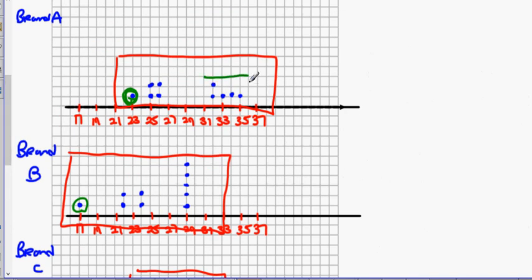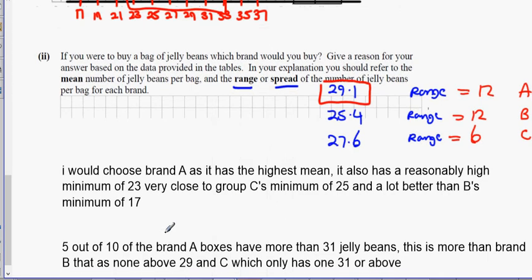These 5 here, what do we know about them? They're 31 and above. Do you understand? 5 out of 10 of the brand A boxes have 31 jelly beans or above.